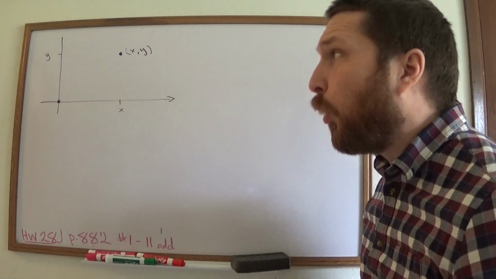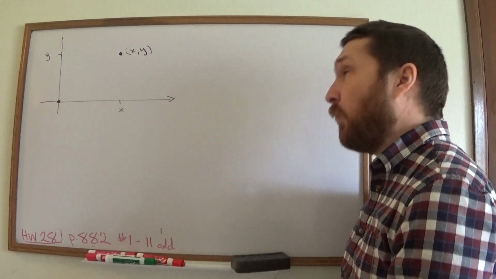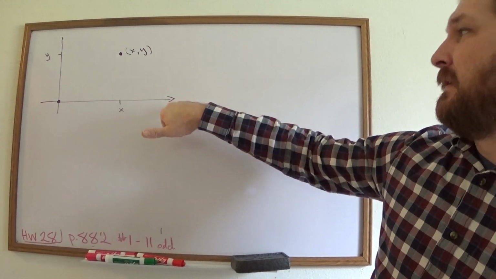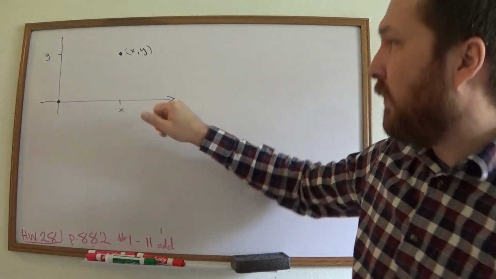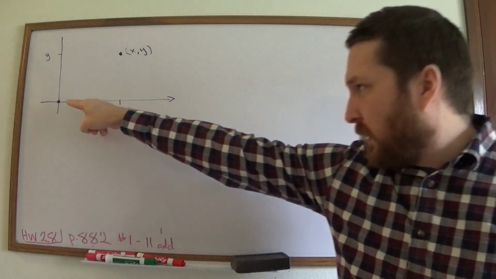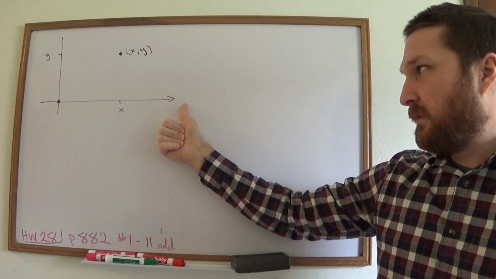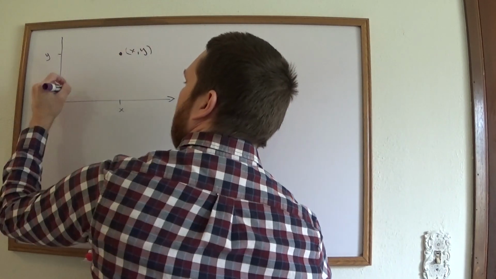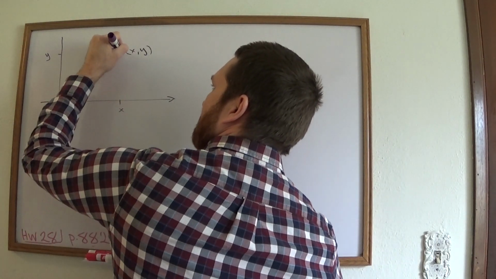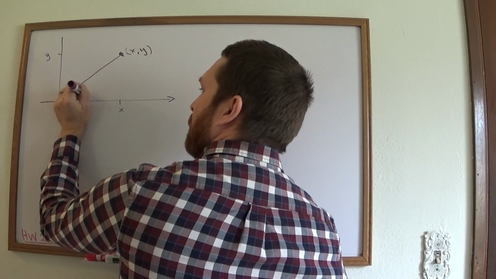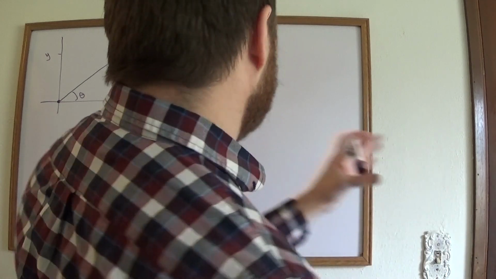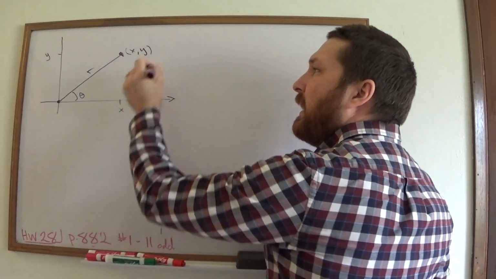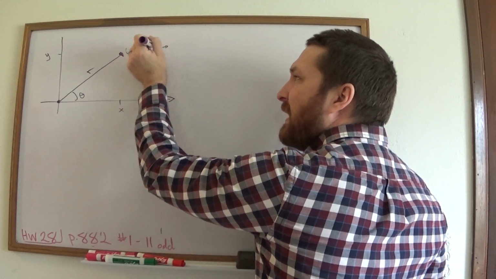That's why we're calling it polar coordinates. And we're going to define an axis. This is the polar axis. As long as we're all agreed where that is and where this direction is, what we're going to do is measure the angle from there to there and the distance. So I could tell you, go theta degrees away from due east and then walk a distance of r. And what we would have is another way of describing the exact same point.